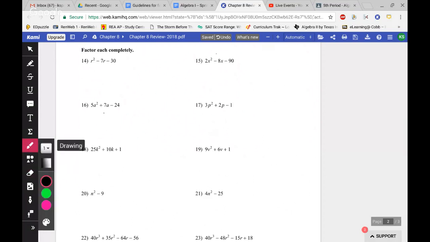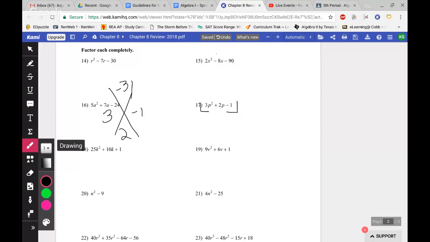Number 17. I'm going to multiply my 3 and my -1 because that's my A and my C, right? And 3 times -1 is -3. And then I'm going to put my B term down here at the bottom. And what two things multiply together to give me -3 when I combine them give me a +2? 3 and -1.